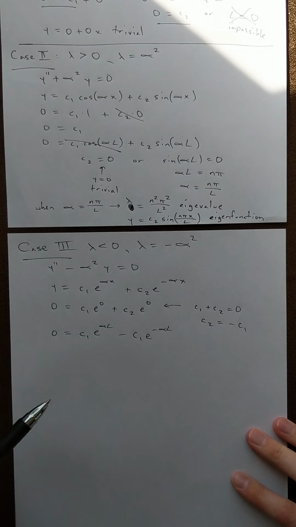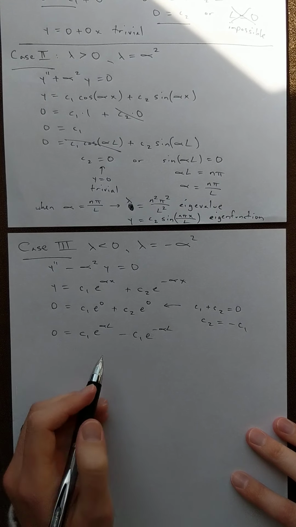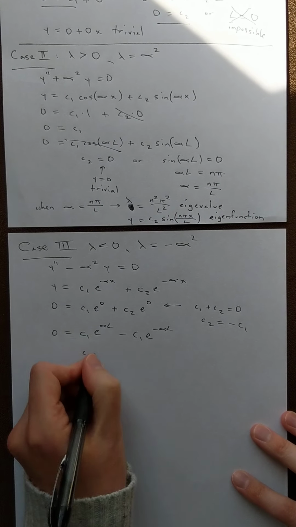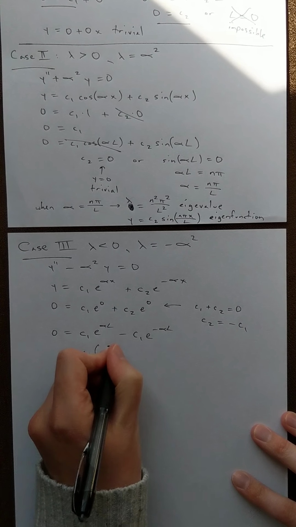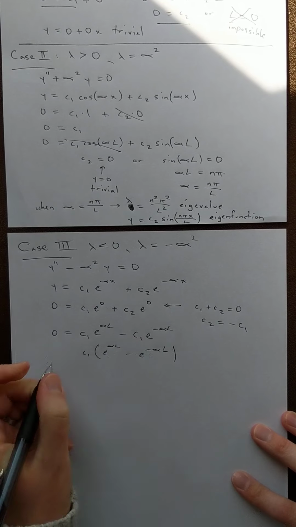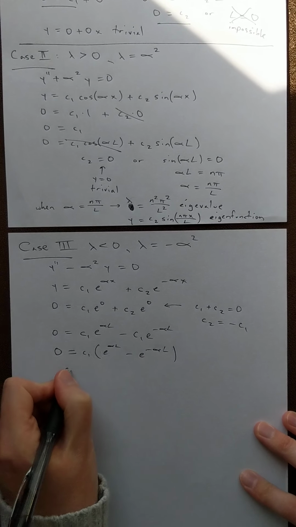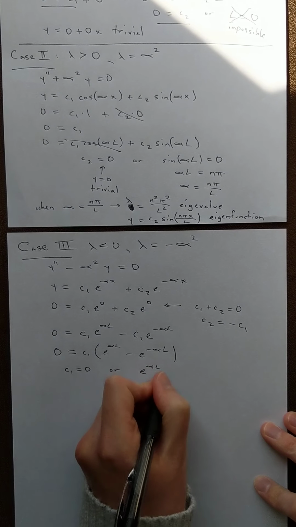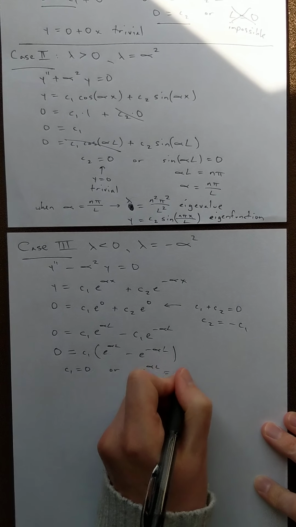Sooner or later I'm going to plug everything into everything. Okay, so again we can factor. Factoring is your friend. So either c1 is 0 or e to the alpha L is equal to e to the minus alpha L.